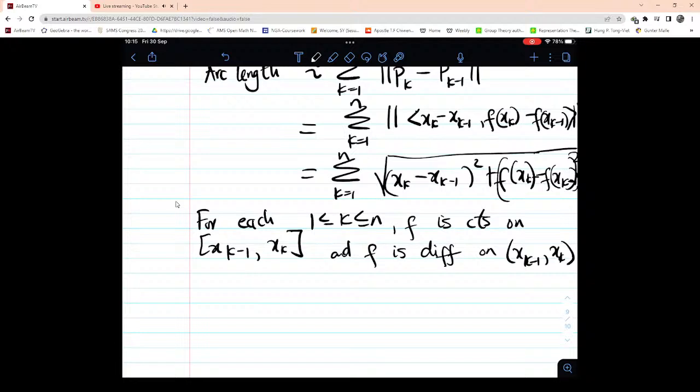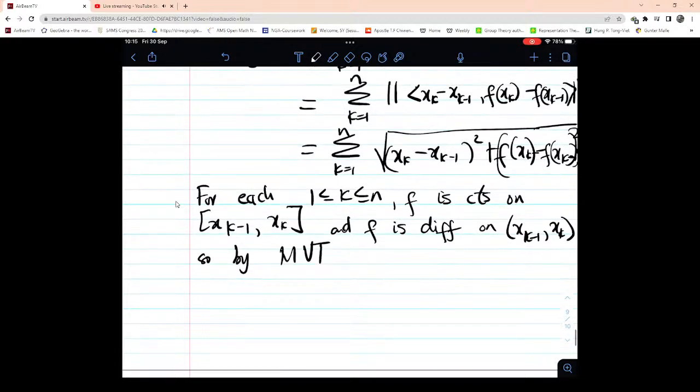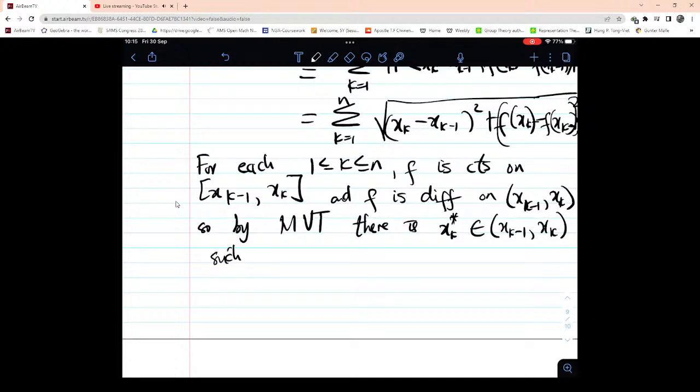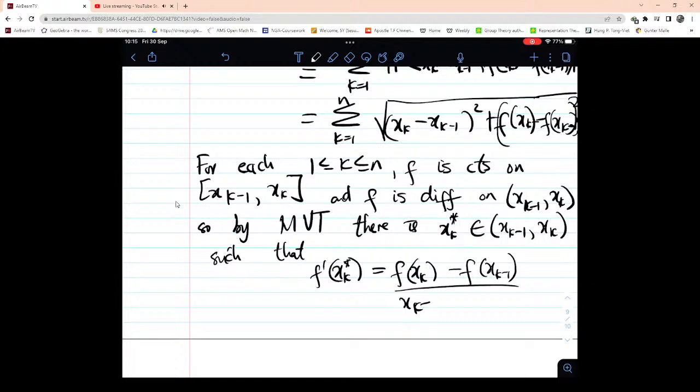So by the mean value theorem, there is some point on the interval that is going to give us the average, such that f prime of xk star is equal to that difference over xk minus x(k-1).